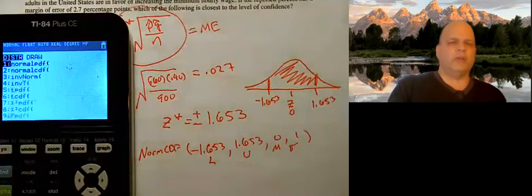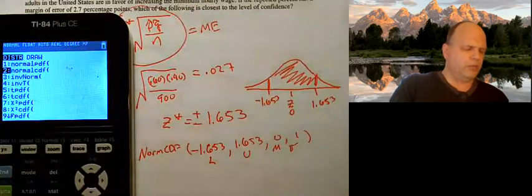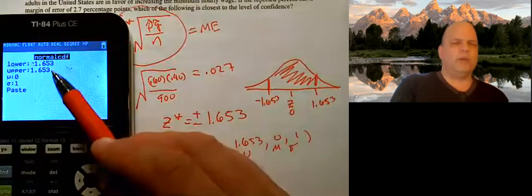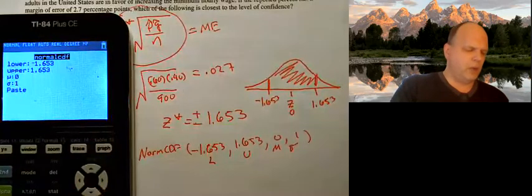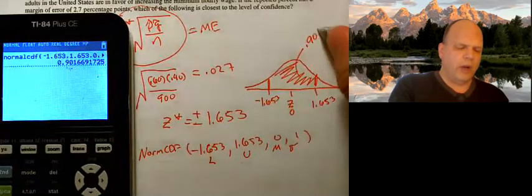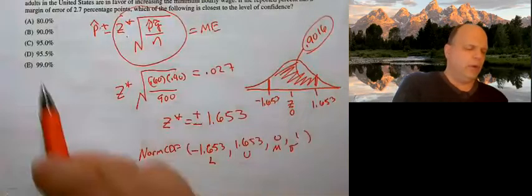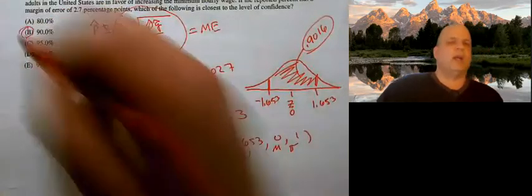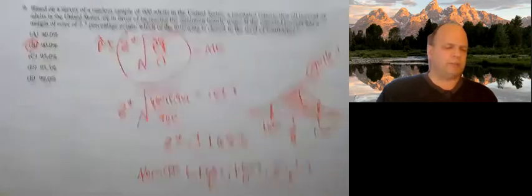So second vars, normal CDF, negative 1.653, 1.653. And we end up finding this area to be 0.9016. Which one of these is closest to that? Letter B, or 90%. This is about 90%.